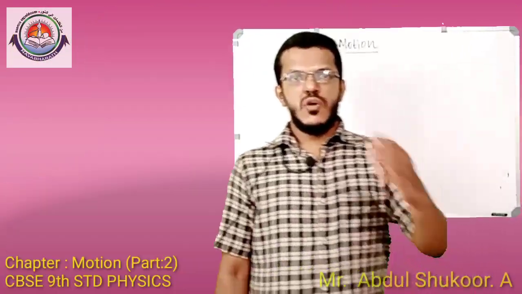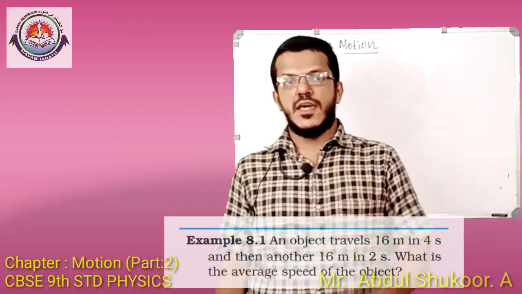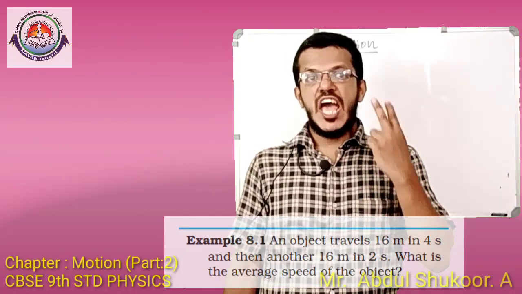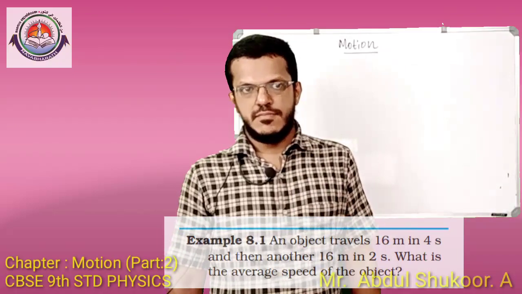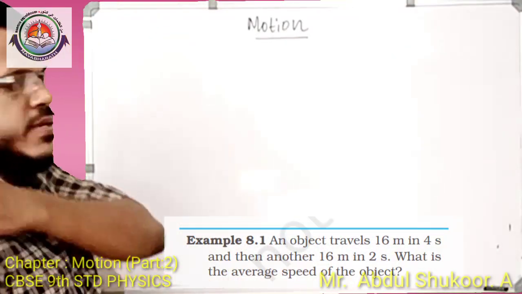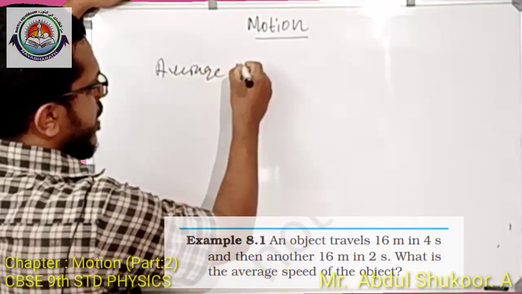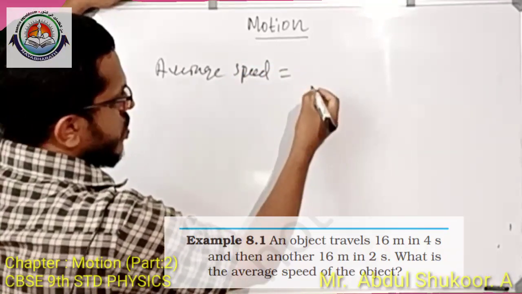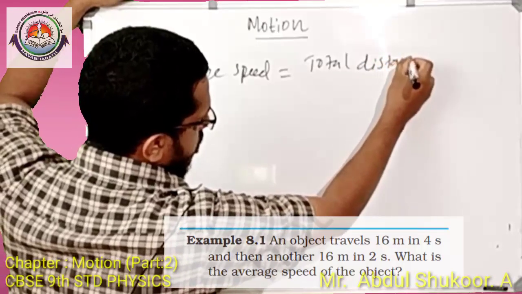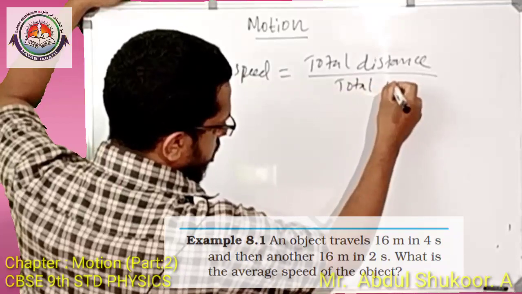Yes. Let us solve a problem. The question is, an object travels 16 meter in 4 seconds and then another 16 meter in 2 seconds. What is the average speed of the object? We know the equation for average speed: average speed is equal to total distance covered by an object divided by total time taken.